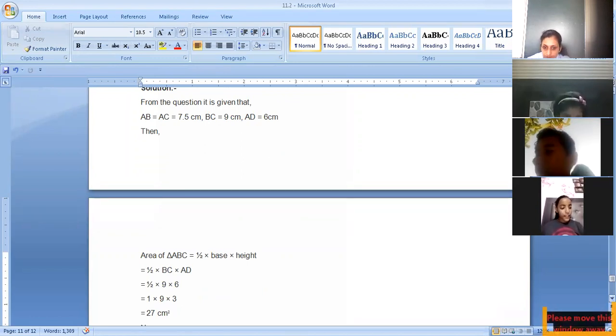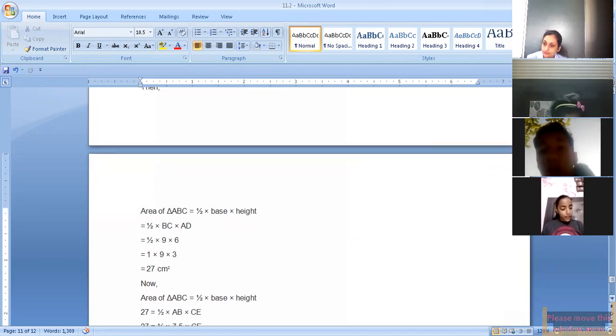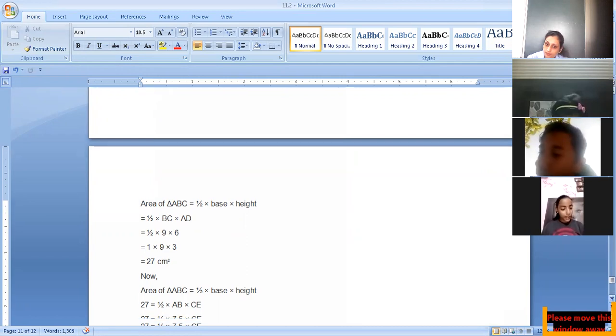Ma'am, find the area of triangle ABC. Can I start? Ma'am, area of triangle ABC is equal to half into base into height. Yes, ma'am. And then 27 is equal to half into AB into CE. 27 is equal to half multiply 7.5 multiply CE.